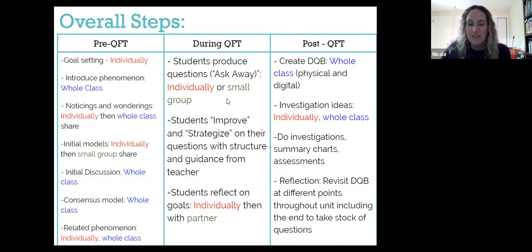Even though the Q focus isn't typically a question, once you've done the QFT, posting that as a question is probably okay. So usually above their big model, it will say, how do chickens become eggs or not become eggs? I do post the overall question, because that's what we keep coming back to. But I won't post it until everything's done.